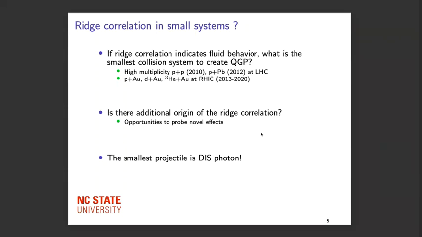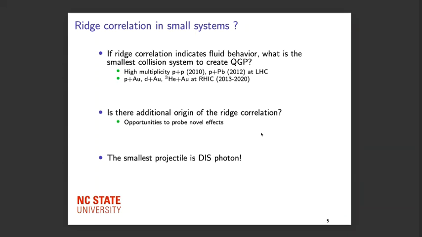And then a series of experiments was done at the LHC and RHIC. Now, in addition to that, we can also ask if there are other mechanisms that can contribute to a similar signal. On the one hand, it's certainly complicating your analysis. On the other hand, it also opens new opportunities to probe some new effects.